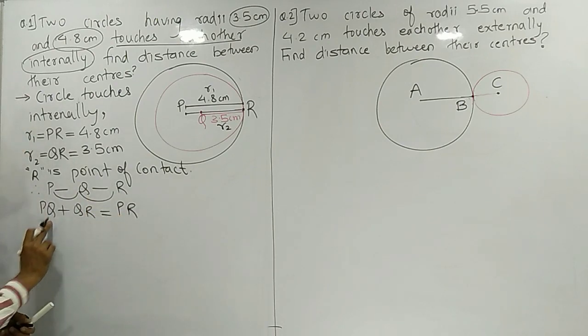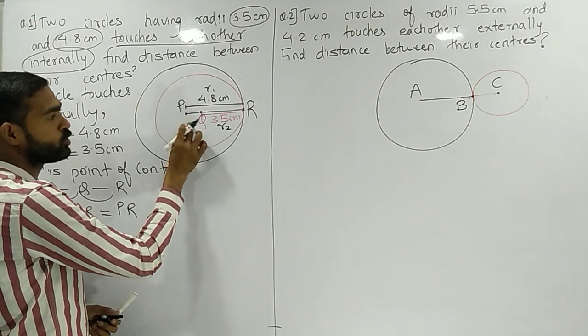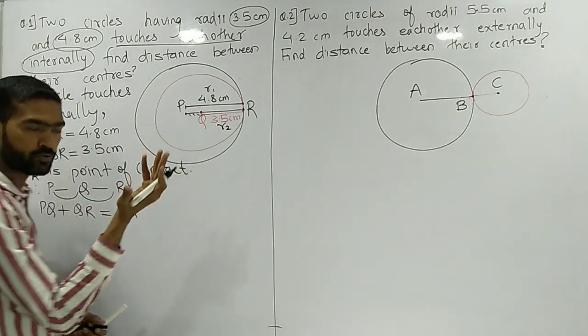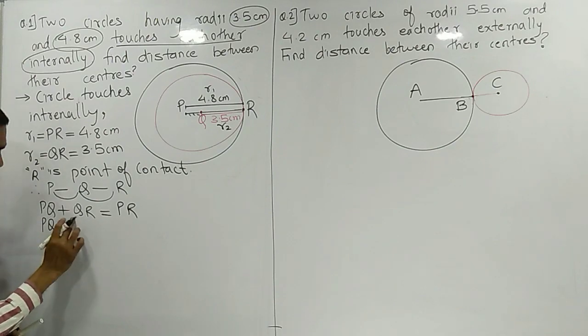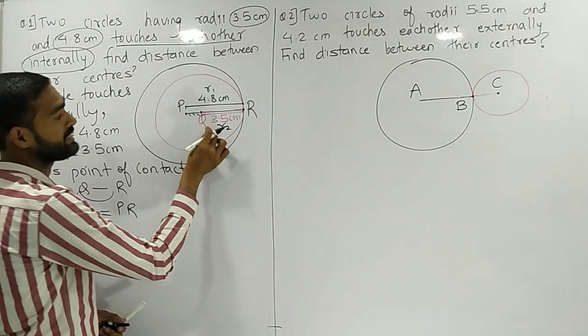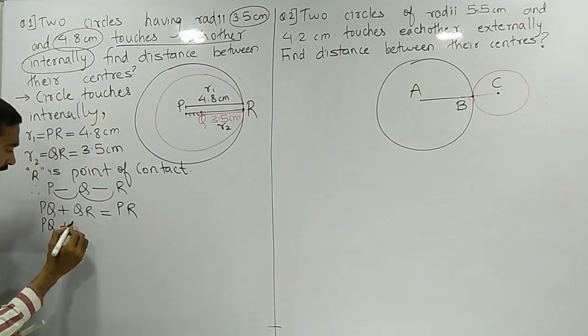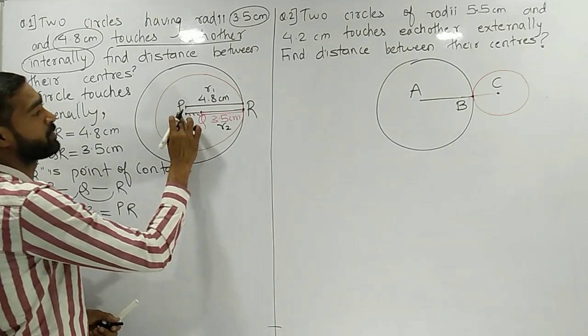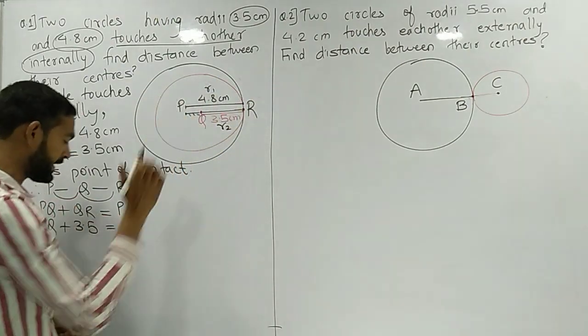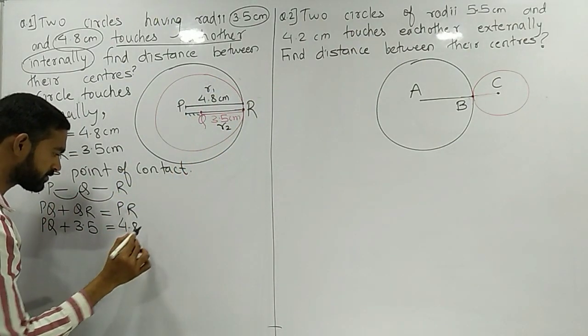Do we know PQ? Look, where is PQ? This is my PQ. Do I know this value? This we don't know, so I'll keep my PQ as it is. Do we have QR? Check. Yes, QR we know, that is 3.5. What about PR, the bigger one? PR is 4.8, that is given, the bigger radius.